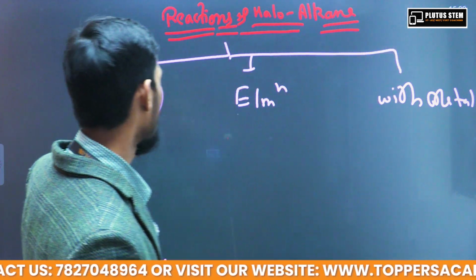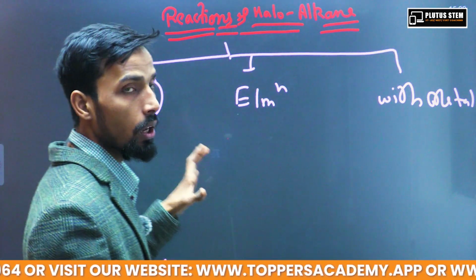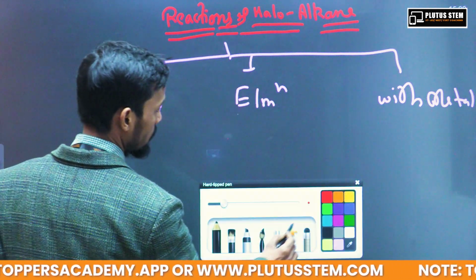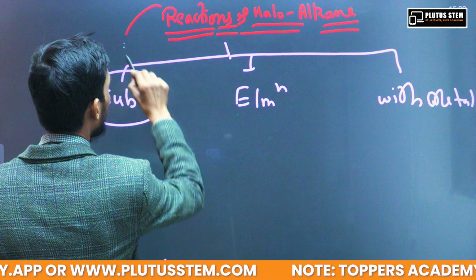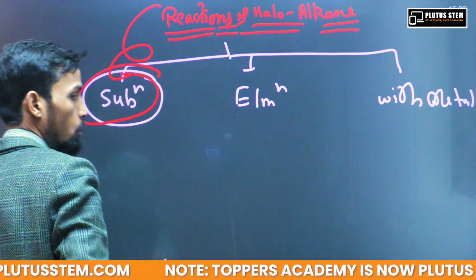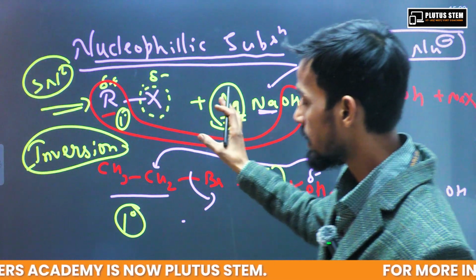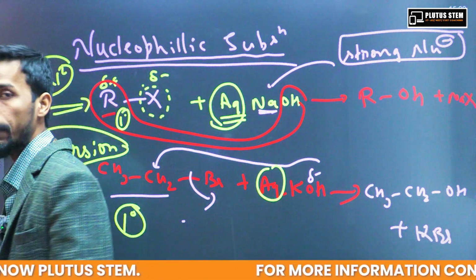So three types of reactions are there. In today's class we have discussed only the substitution reaction. This substitution means the replacement of the X of the alkyl halide with some upcoming reagent.